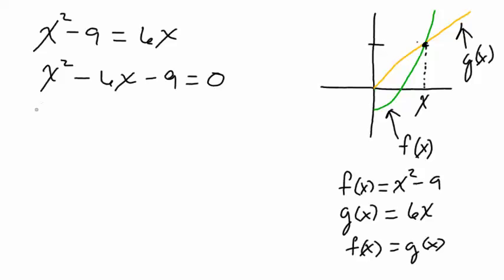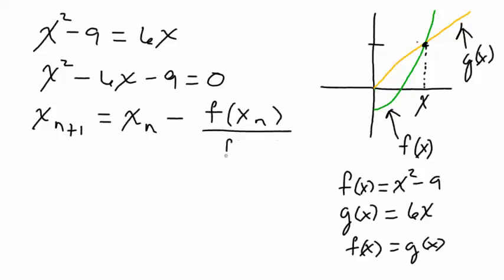I'm going to write Newton's method down. It's x of n plus 1 is equal to x of n minus f of x of n over f prime of x of n. So hopefully you have worked problems 1 and 2, and this doesn't look foreign to you.